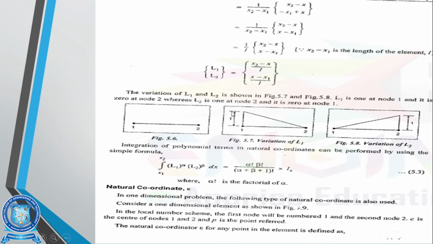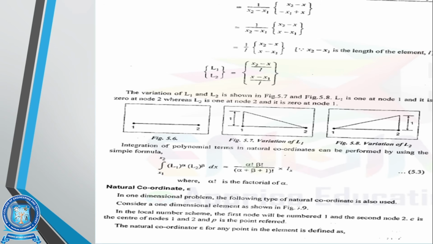Likewise, this is the variation of L1, and now we are going to see the variation of L2, from 1 to 1, joining at node 2. So this is the variation of L2.